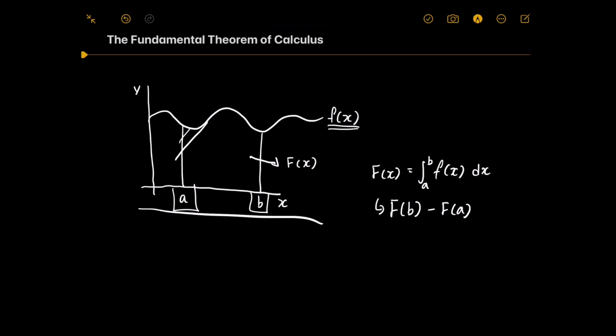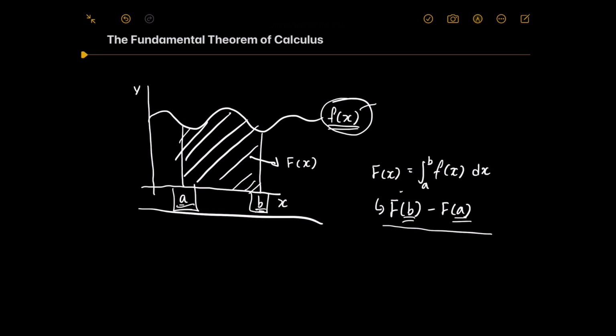So to find the area under the curve from a to b, we can get the antiderivative of small f of x, plug in b and a, and get the difference of the two values. This is how the second fundamental theorem of calculus is represented visually.